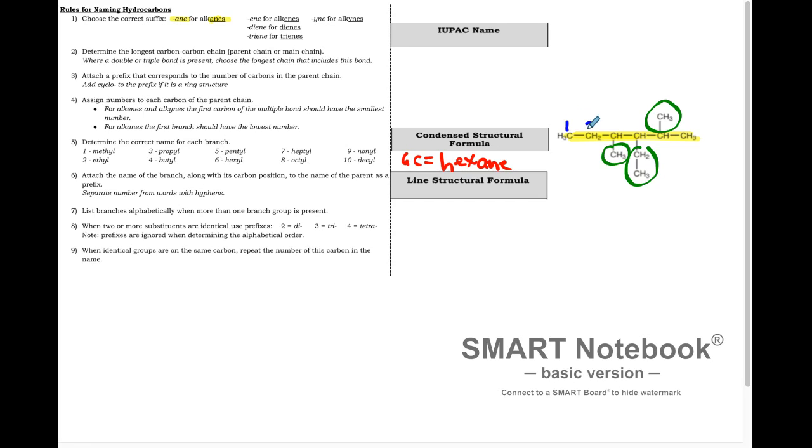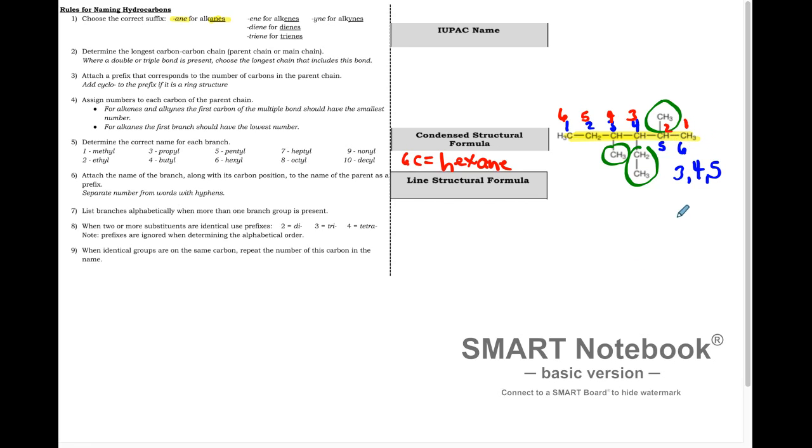We have 1, 2, 3, 4, 5, 6. If we were to follow left to right, our substituent combinations would be at the third carbon, followed by the 4th carbon, and then the 5th carbon. If we were to number it right to left, we would start here with 1, 2, 3, 4, 5, 6.